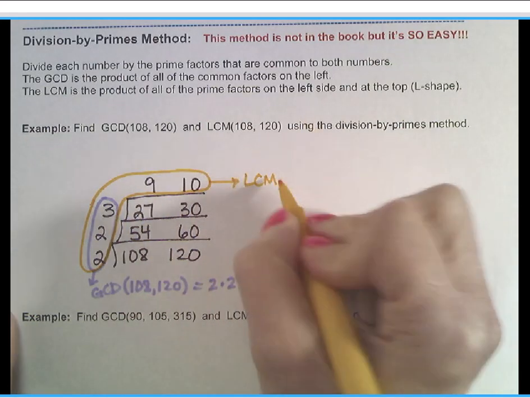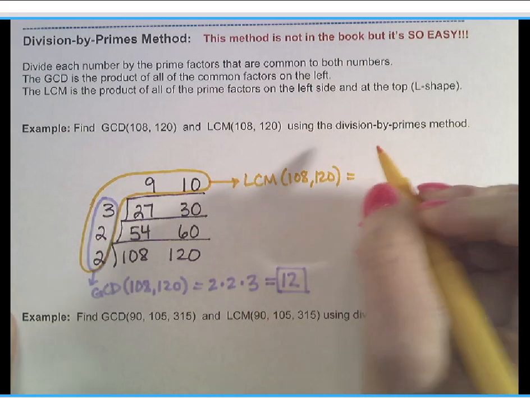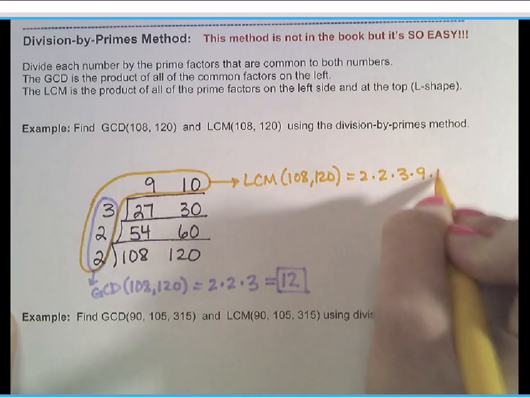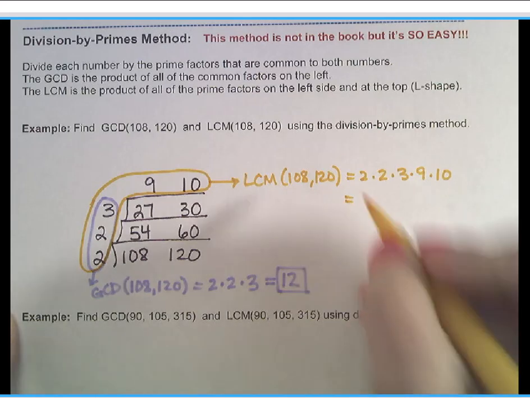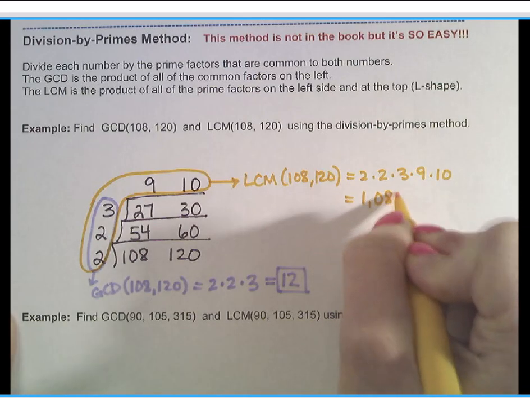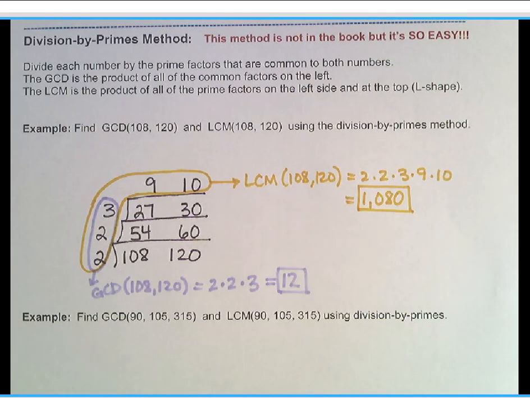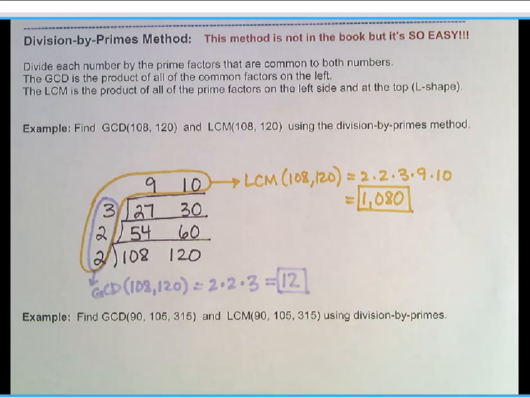So the LCM of 108 and 120 is going to be 2 times 2 times 3 times 9 times 10. Those are those leftovers up there. And if you multiply all of those together, you get 1080. You can use a little calculator to multiply them together, but you'll get 1080. So we've got a GCD of 12 and LCM of 1080.